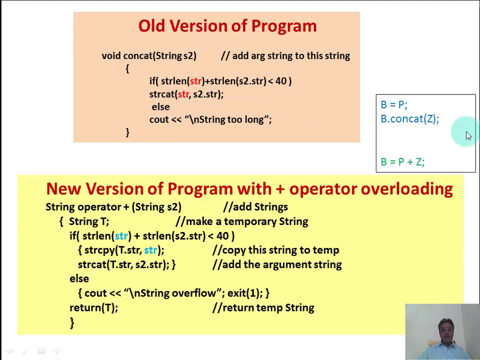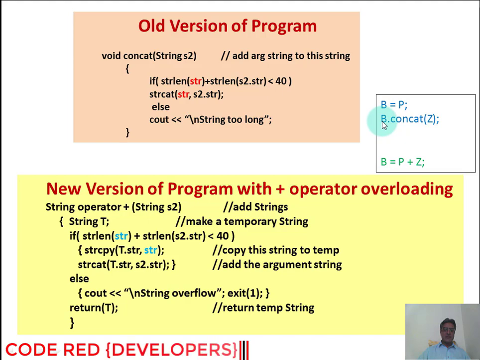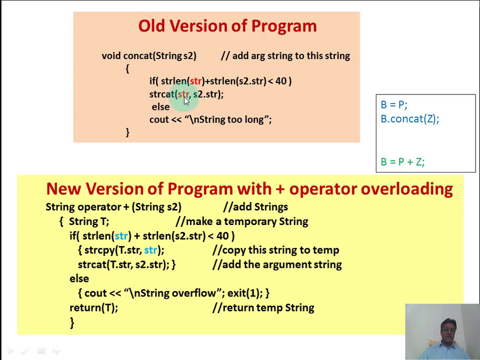Here we only concatenate the Zindabad value with b, because the value of p, Pakistan, has already been assigned to b. Zindabad will be concatenated with Pakistan, and only the z value is passed to s2. S2 is concatenated with strcat, with the value of b.